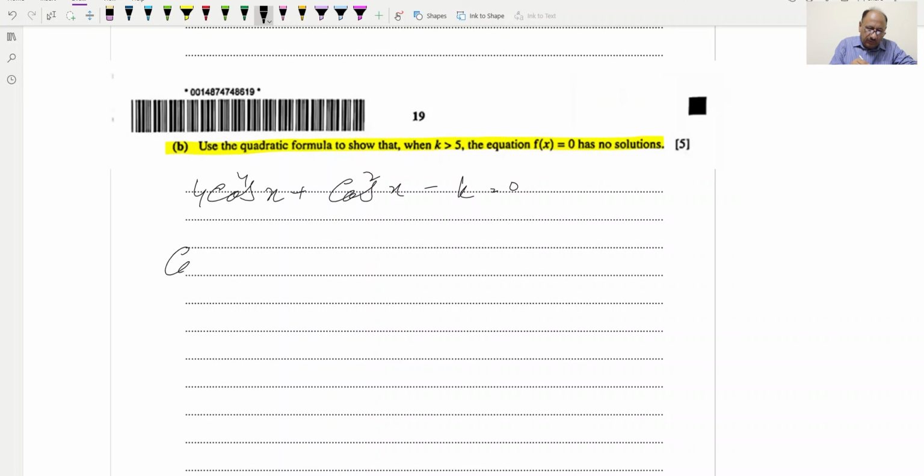Now we can apply the quadratic formula, because this is a quadratic equation in terms of cos square x.